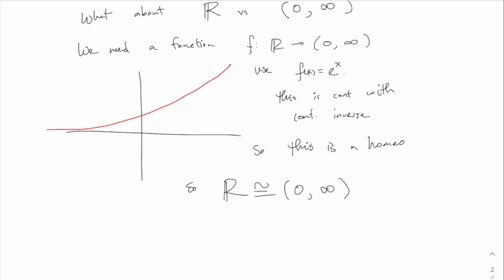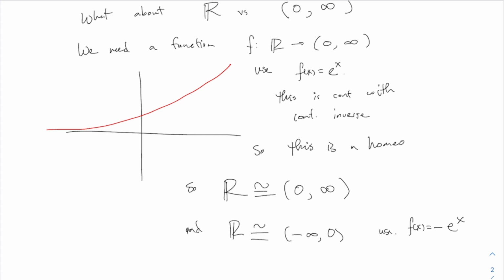So R is also topologically equivalent, homeomorphic, to minus infinity to 0. To do this one, I use f of x equals, not e to the minus x, but minus e to the x. That gives me all negative answers, and the range will be all the negative numbers, not including 0.